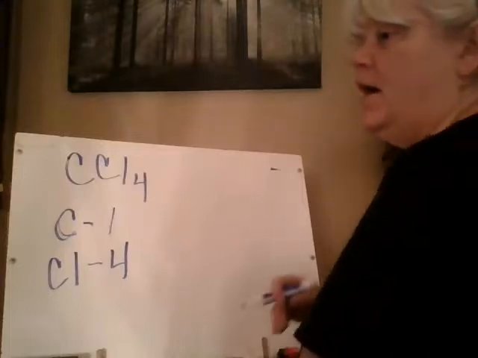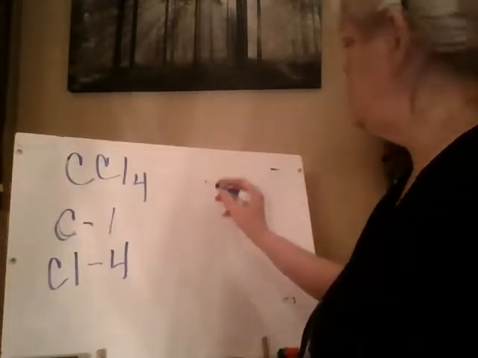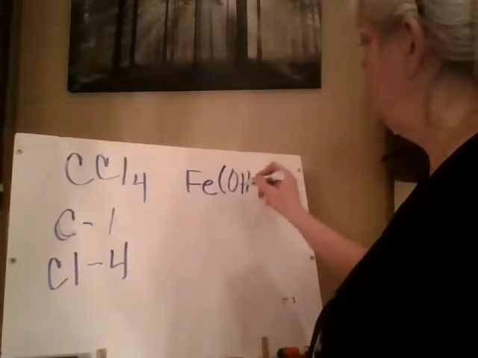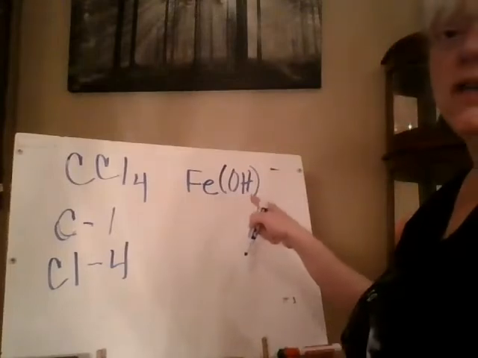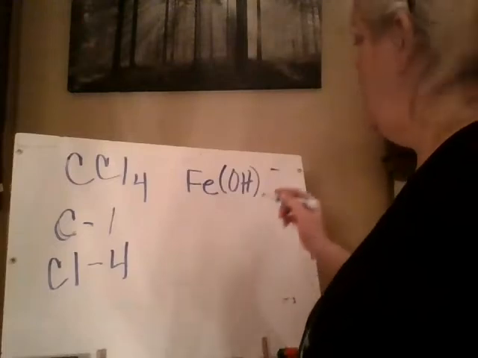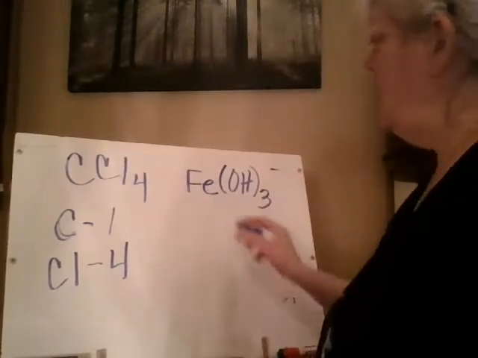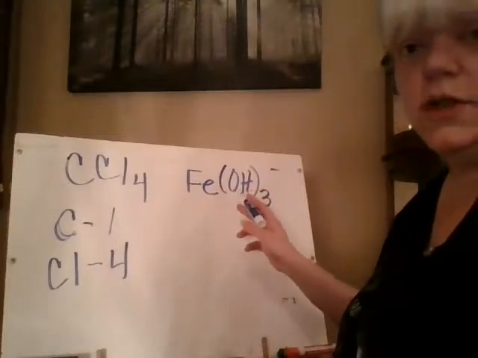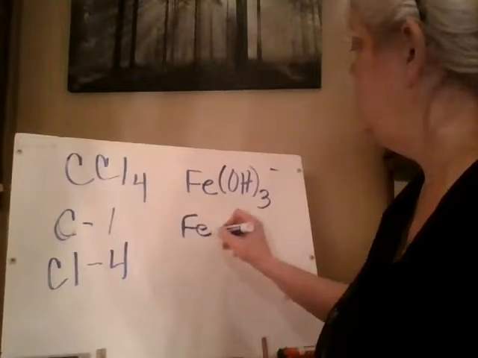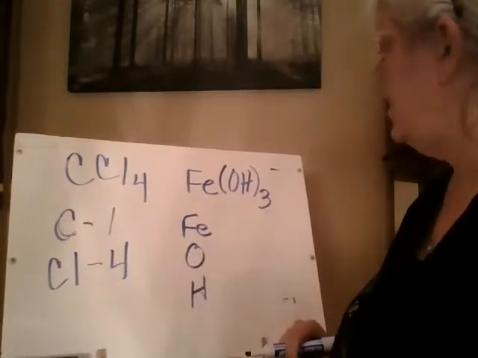Okay. Now, if we have another one that is, let's see, Fe. Oh, there's one of your polyatomic ions. Do you remember that one? OH, hydroxide. And that has a coefficient. Okay. And so we see here that we have actually 3 different elements in this compound. We have an iron, we have oxygen, and we have hydrogen.